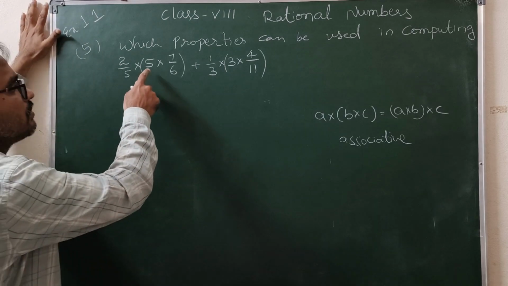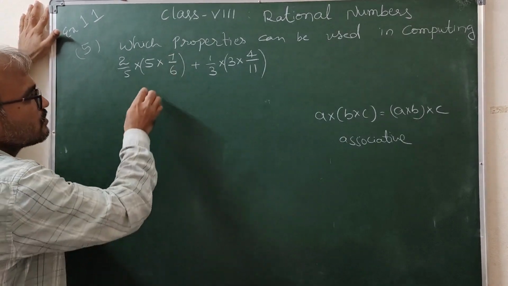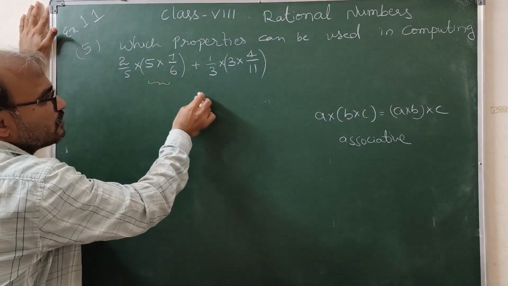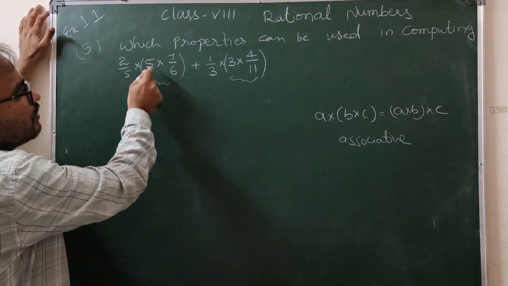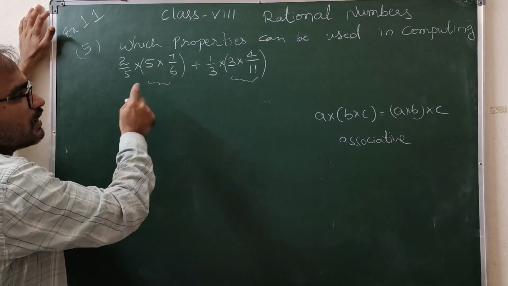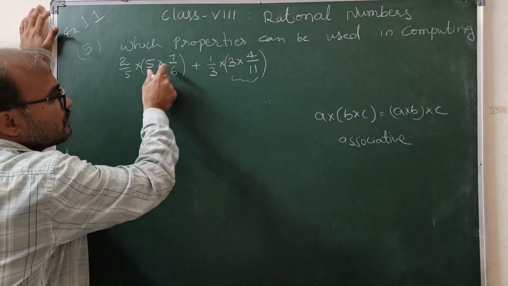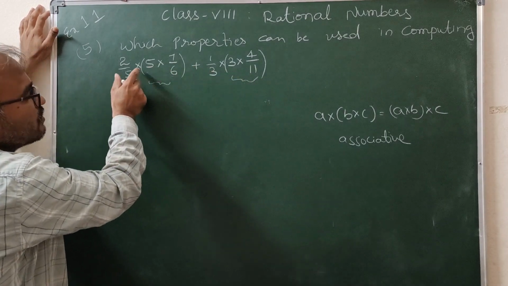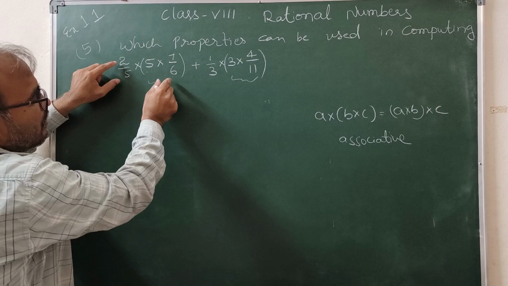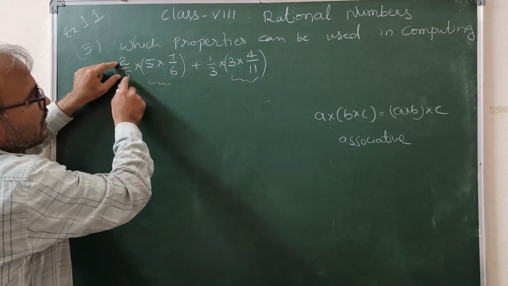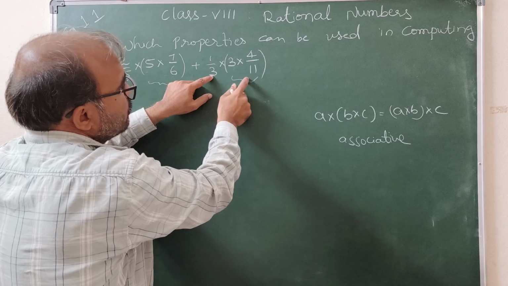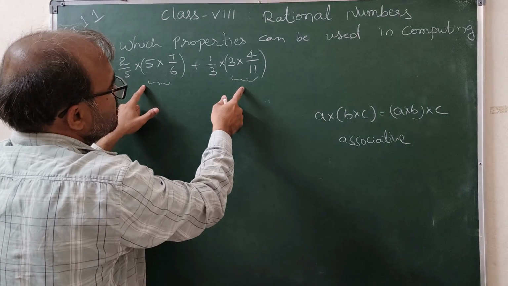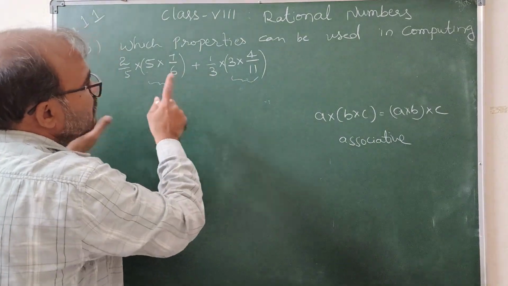You can also multiply 5 into 7 by 6. If you multiply first these two and these two, that goes under the closure property: the product of two rational numbers is again a rational number. Next we multiply the numbers we obtained, and that again is closure property. Again the sum of two rational numbers is a rational number, that is also closure property.